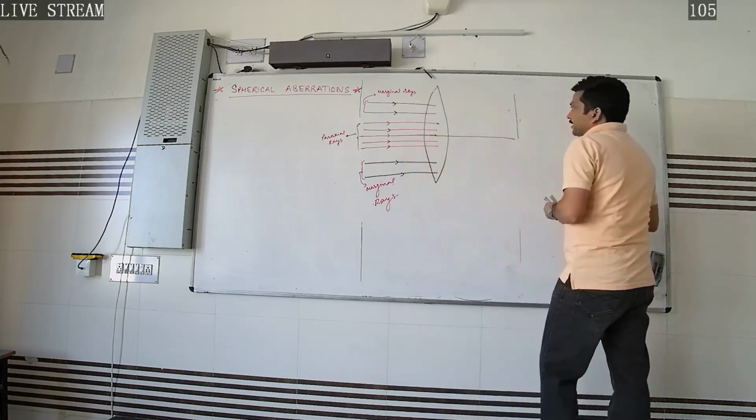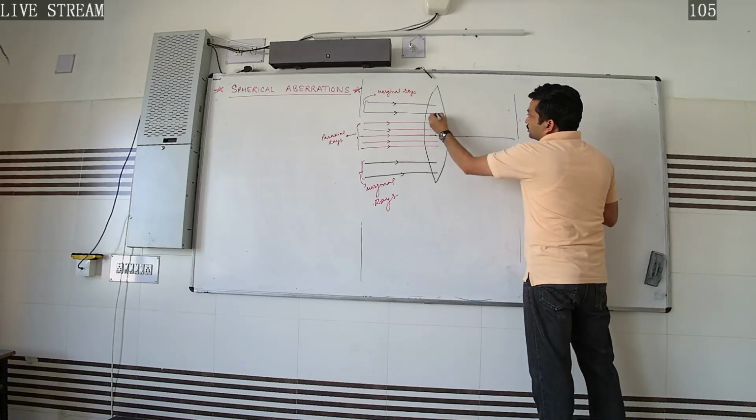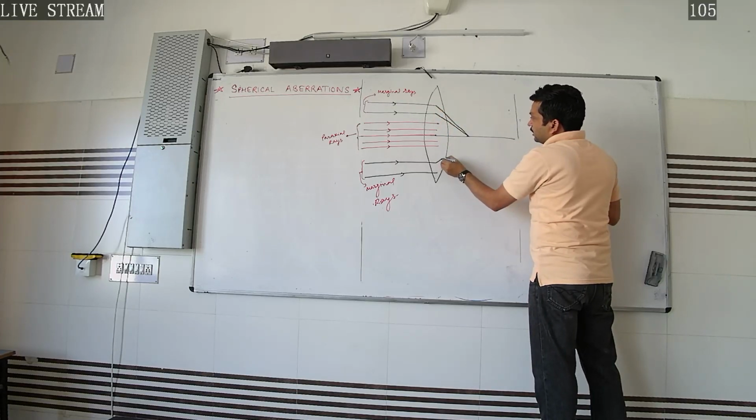What would happen here? These marginal rays get focused relatively closer than the paraxial rays, in this way.